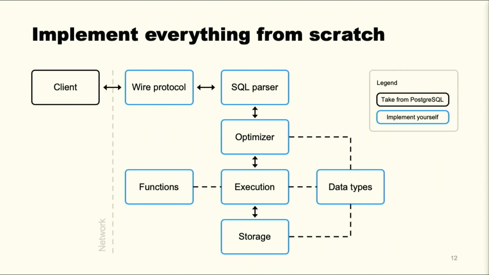And blue blocks mean that we won't take this component from anywhere and will build our own. So in this case, you can see we are taking original Postgres clients, client libraries, etc., because we want to be compatible with them. But the rest of the system is implemented from scratch.